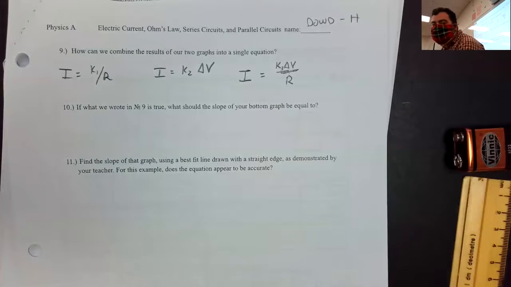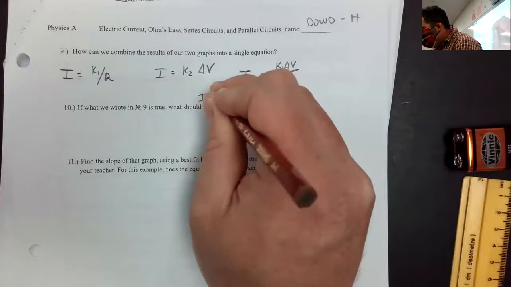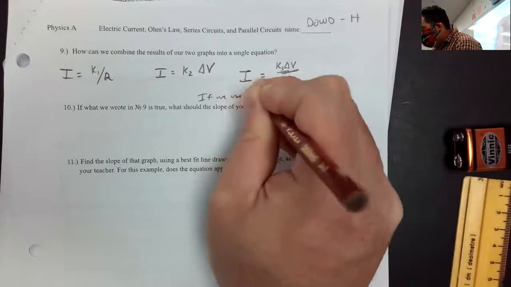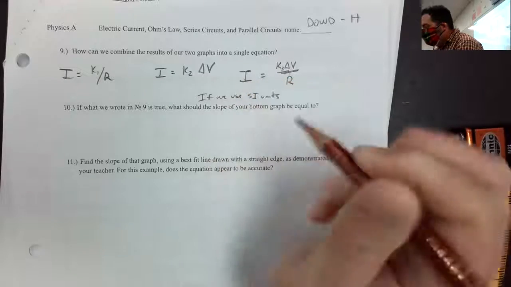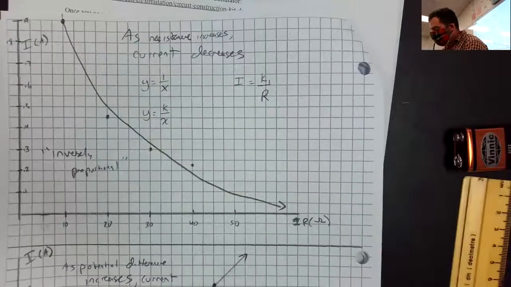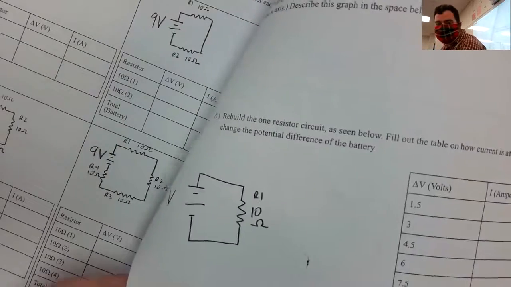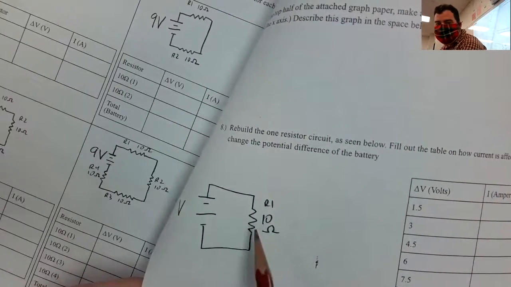Now, it gets a little easier than this if we use SI units. Resistance for a lot of circuits, and definitely the one that we're looking at, resistance here is a constant too.